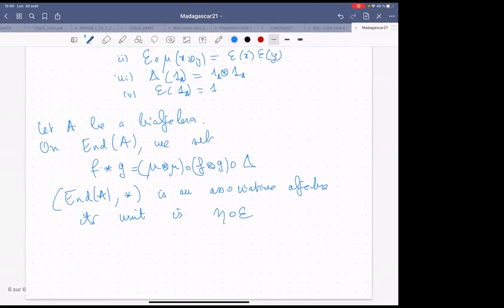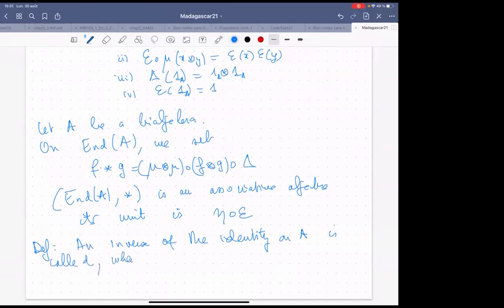Now we have a definition. An inverse of the identity on A, when it exists, because it doesn't exist all the time, is called an antipode.